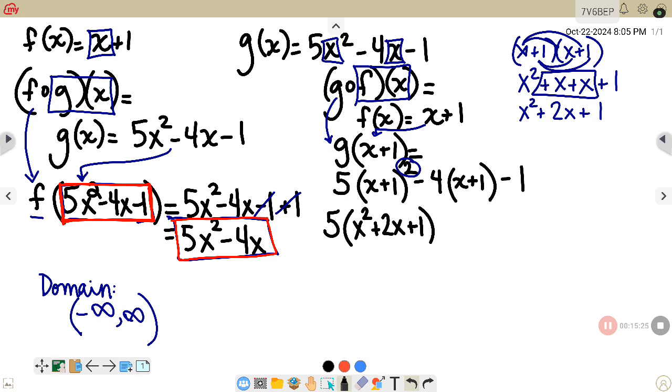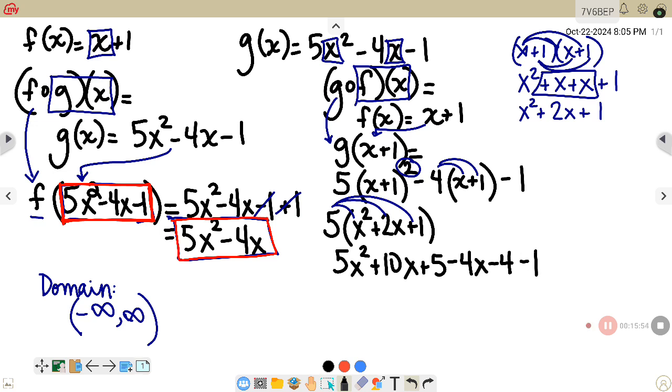Now I can distribute the 5. So now I have 5x squared plus 10x plus 5. I can distribute the negative 4 to remove those parentheses. So I'll have negative 4x minus 4, and then just drop down the minus 1. Now we can clean this up by combining like terms. There's no other x squareds besides that 5x squared.